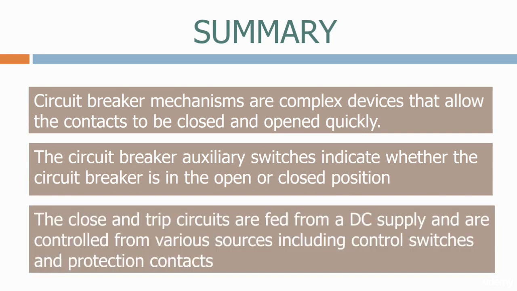The close and trip circuits are fed from a DC supply and are controlled from various sources, including control switches and protection contacts. Congratulations for completing this module. You should now understand how important circuit breakers are to our protection system and have a practical knowledge of how they operate. I have attached some questions on today's module to test your knowledge.